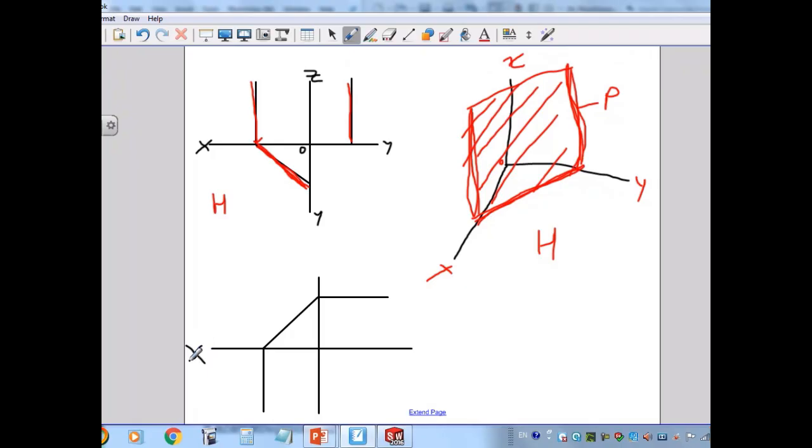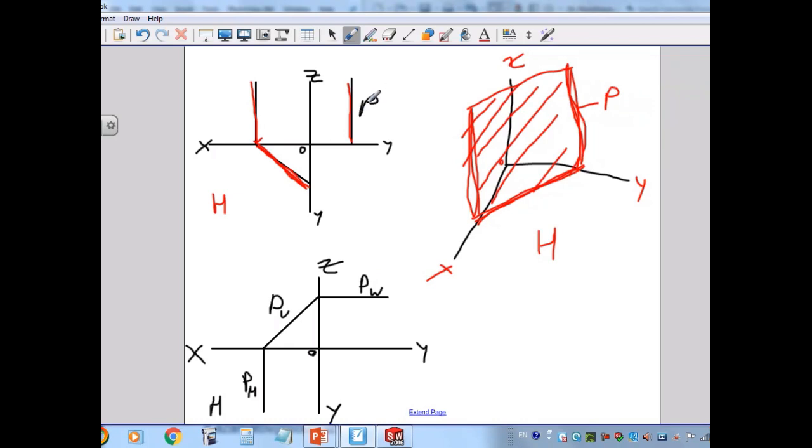This is X, Z, Y. That is X, H plane, and that's O. So this is the PH plane trace, and PV and PW trace.